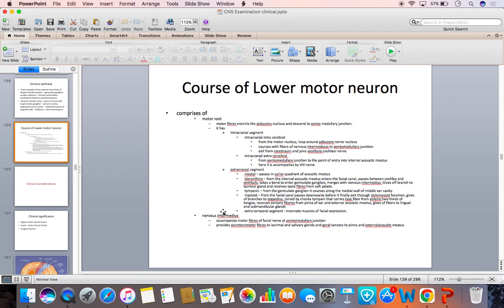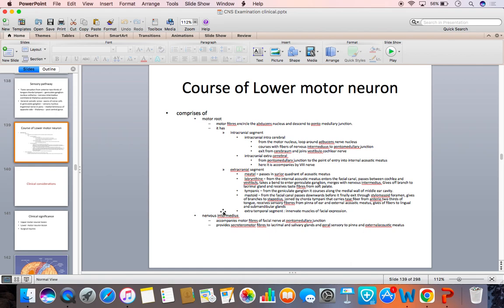It is further divided into the meatal segment, the labyrinthine segment, then the tympanic segment, then the mastoid segment, and ultimately the extratemporal segment.